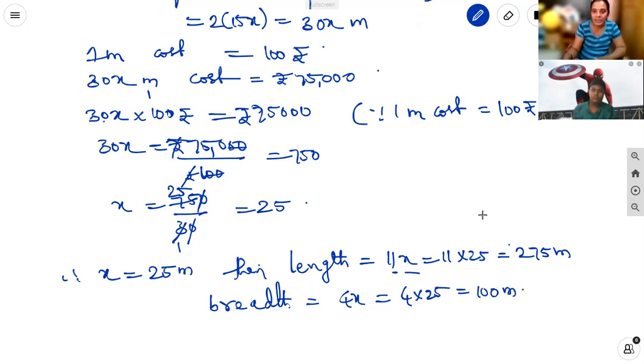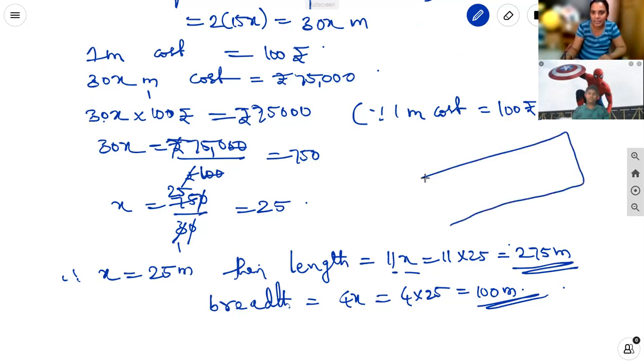Therefore the dimensions of the rectangular plot are 275 meters by 100 meters. Okay, these are the dimensions.